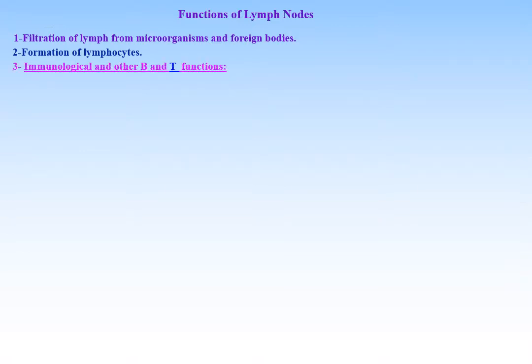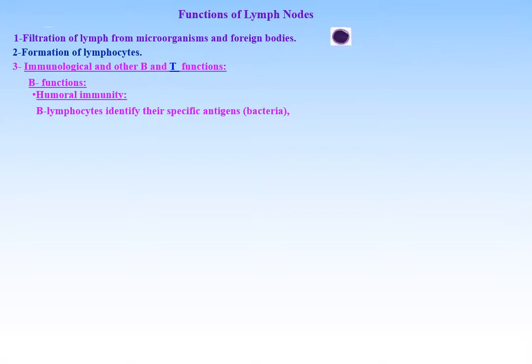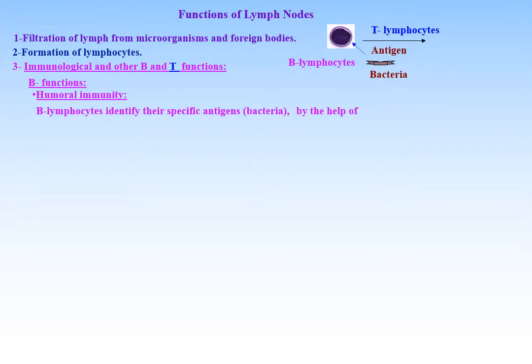Function of lymph nodes. Filtration of lymph from microorganisms and foreign bodies. Formation of lymphocytes. Immunological and other B and T functions. B functions. Humoral immunity. B lymphocytes identify the specific antigens, like bacteria, for example, by the help of T lymphocytes.